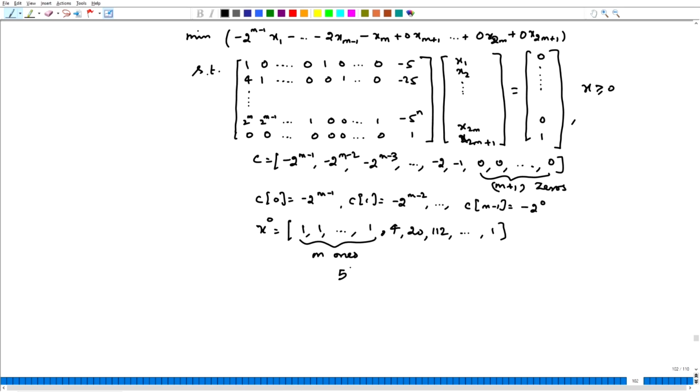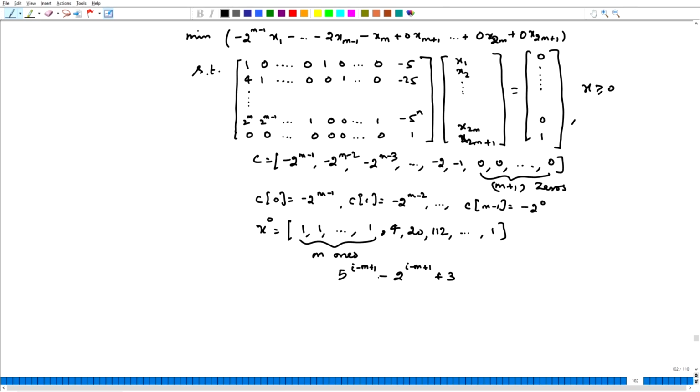It is 5 power m minus I plus 1 minus 2 power m minus I plus 1 plus 3. Oh, I have to write I minus m then. It is I minus m plus 1, and this is also I minus m plus 1.